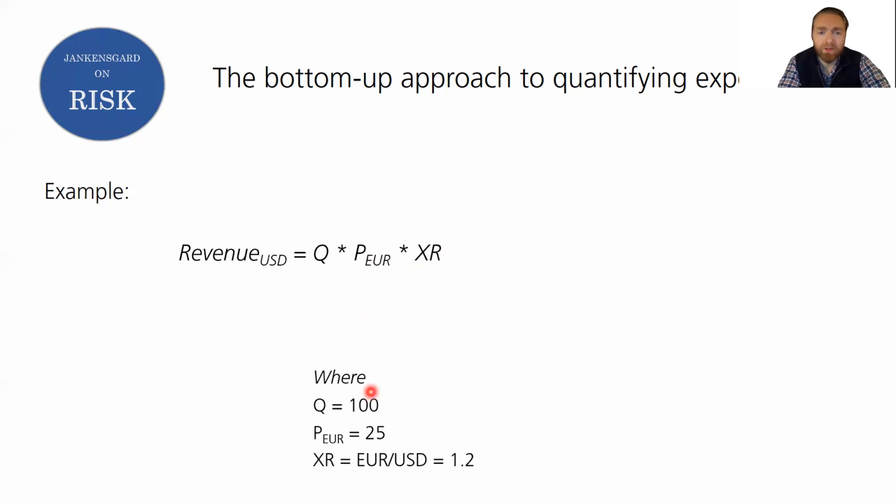If you put some numbers on these things, for example a quantity of 100, an average price of 25 in euros, and they believe they're going to get an exchange rate of about 1.2, then we just feed those numbers into the formula, right? It's a simple matter of multiplying them up, and that will give you your revenue forecast.